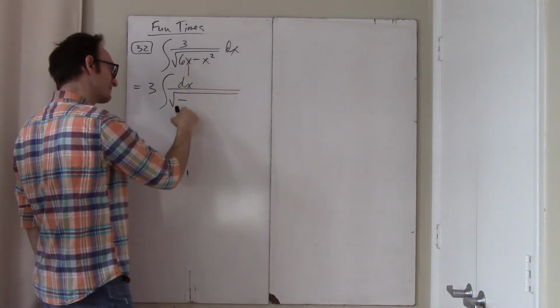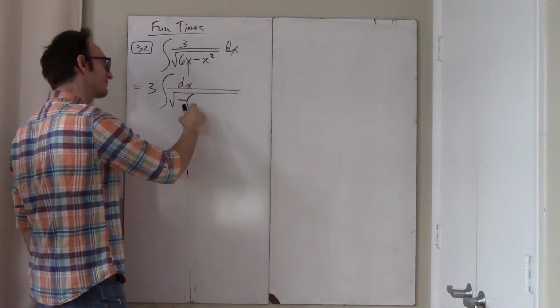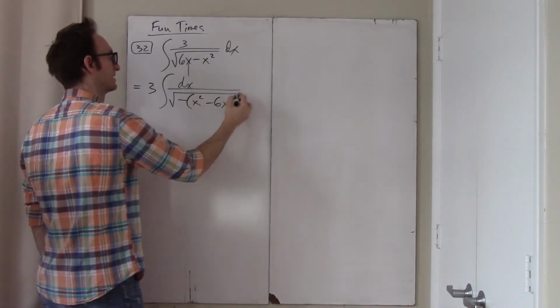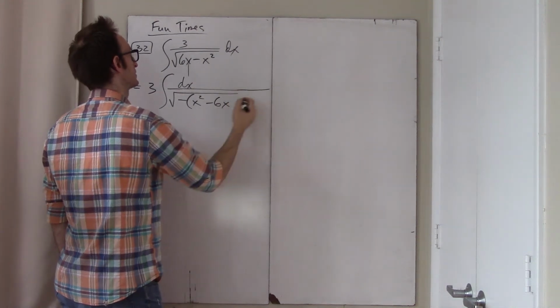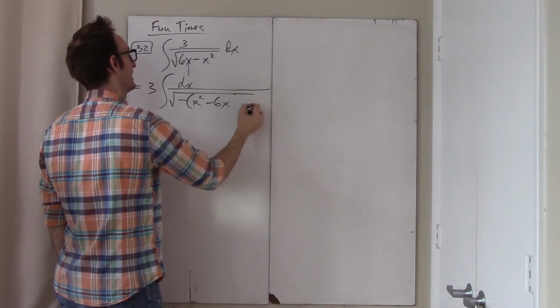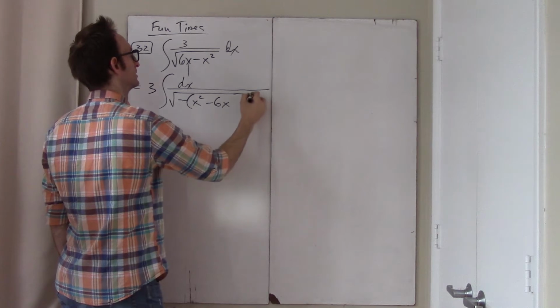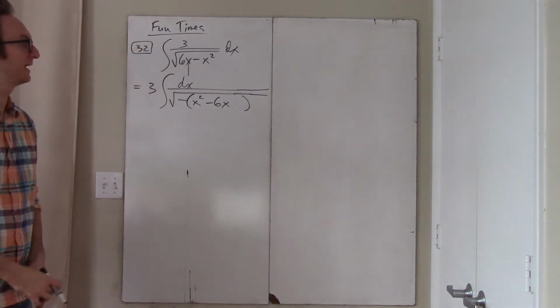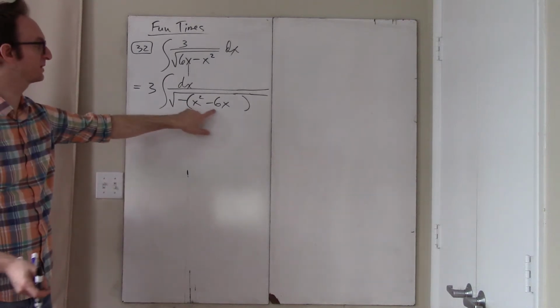So if I factor out this negative, I'm left with x squared minus 6x. Being careful to factor it correctly, it is negative x squared plus 6x.